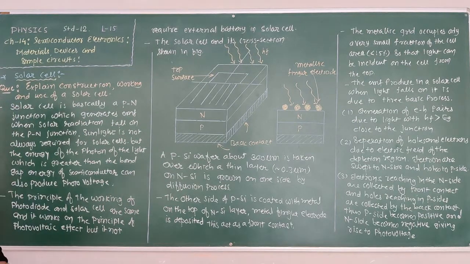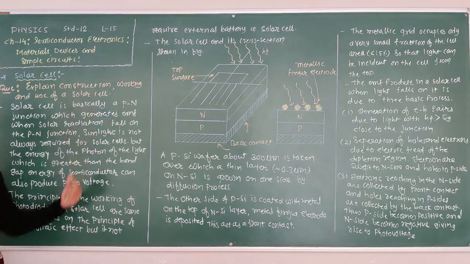But in a photodiode, reverse bias is required to produce the current, while in a solar cell no bias or external battery is required. This is the main benefit of the solar cell over the photodiode.